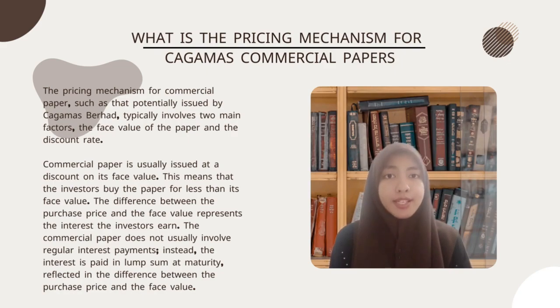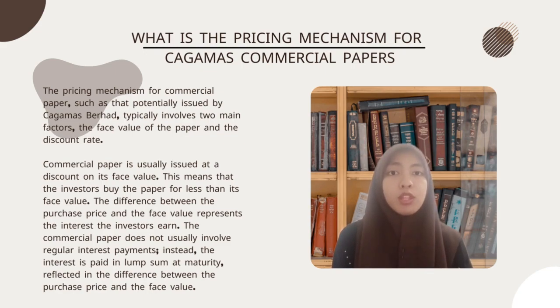What is the pricing mechanism for Cagamas commercial papers? The pricing mechanism for commercial papers, such as that potentially issued by Cagamas Berhad, typically involves two main factors: the face value of the paper and the discount rate. Commercial paper is usually issued at a discount on its face value. This means that the investor buys the paper for less than its face value.